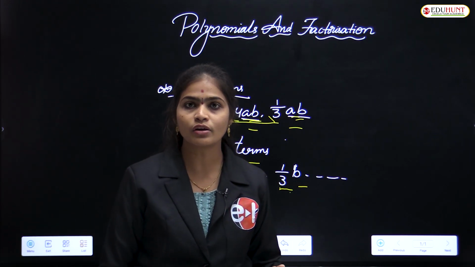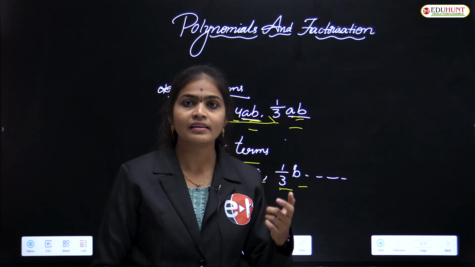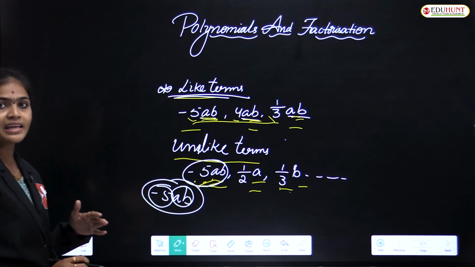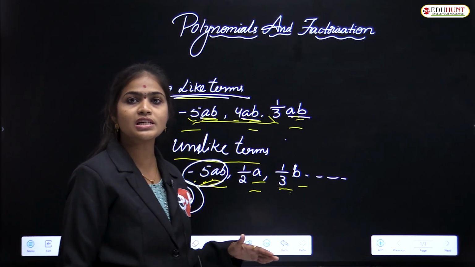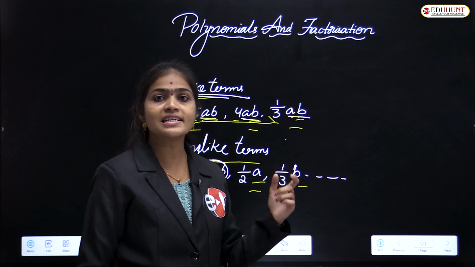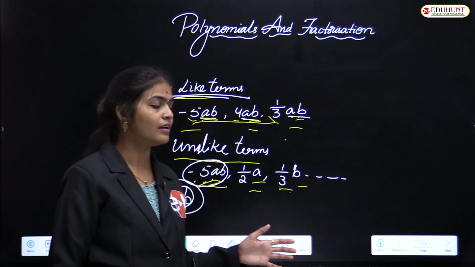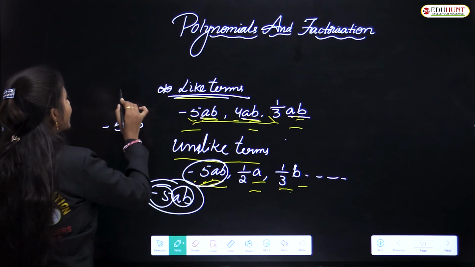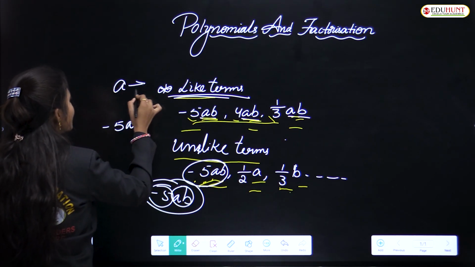I am not saying literal coefficients or numerical coefficients, just coefficients. So in the term minus 5ab, what is the coefficient of a?